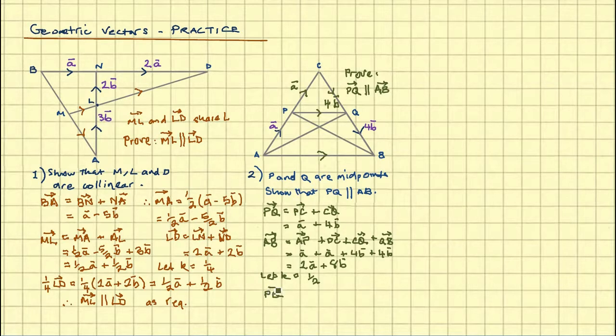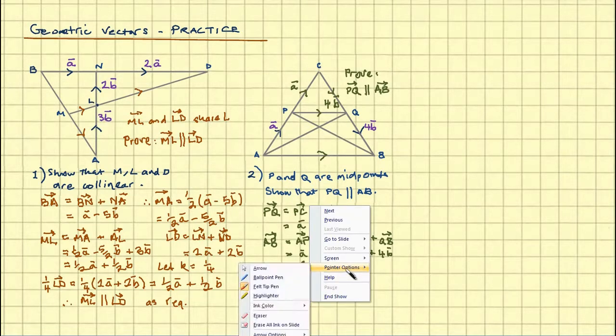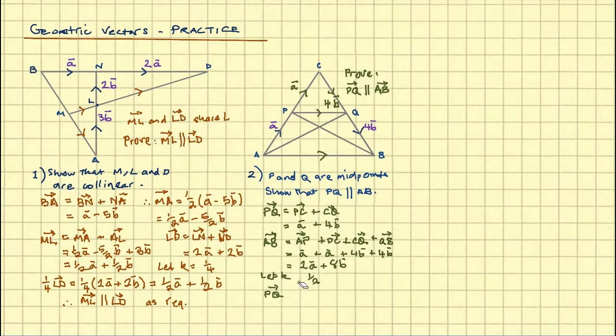So PQ, that's not a very clear equal sign, let me just neaten that up. k equals half. So PQ is going to be, if this works, half AB. Well, AB is 2a plus 8b. And that equals half times 2 is 1, so just a, plus half times 8 is 4, so 4b.